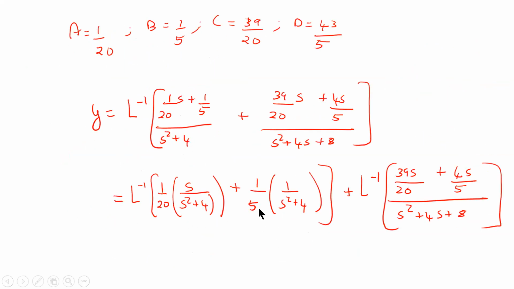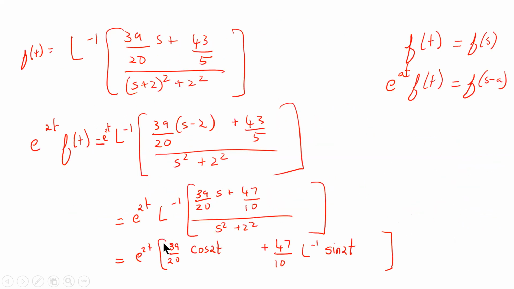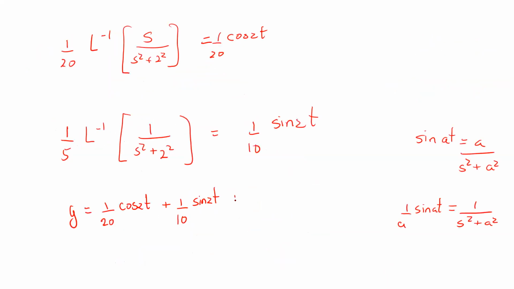So the inverse of these two terms is nothing but 1 by 20 cos 2t plus 1 by 10 sin 2t, and the inverse of this next quantity is these two terms that we found out: 39 by 20 e power 2t cos 2t plus 47 by 10 e power 2t sin 2t.